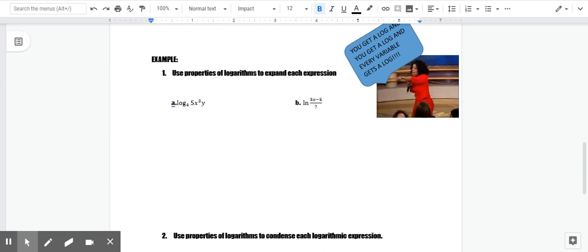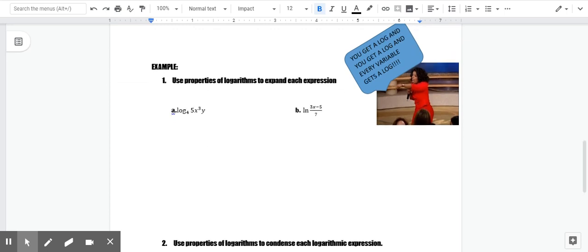So this example says use properties of logs to expand each expression. And so I have this picture of Oprah Winfrey over here. It says you get a log and you get a log, and every variable gets a log, to remind you every single variable, every part of your expression gets its own log if we are expanding, if we're making it bigger.